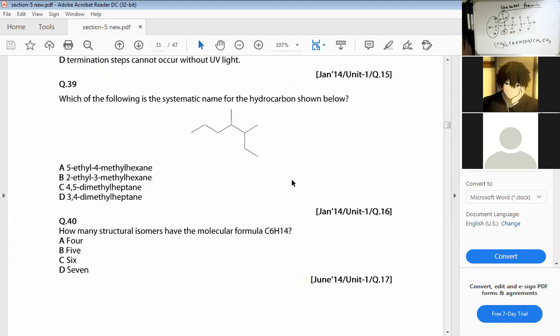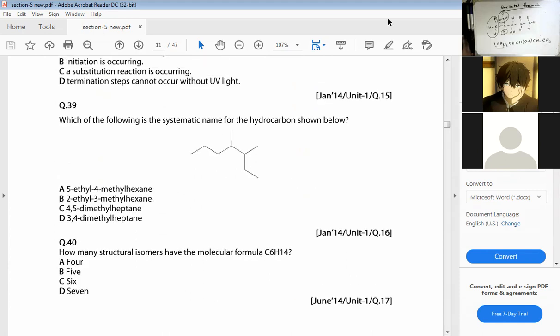Look at number 39, skeletal formula given. What should be the systematic name of this compound? You can try. This time, I will not say the answer.